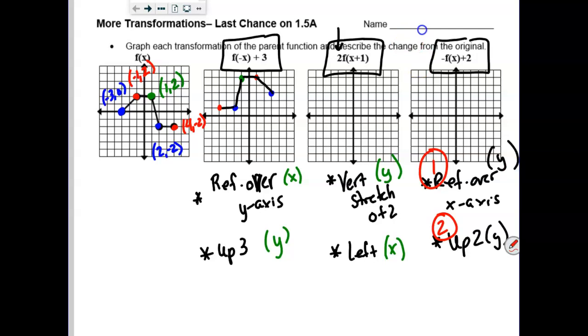If you said, well, I'm going to move everything up 2 and then reflect it, you're taking your function, moving everything up 2 first, and then if you come back and say, now I'm going to reflect it, look what happens to your math. What's going to change? Everything. This plus 2 all of a sudden becomes a minus 2, which is totally different from what you were interpreting it as. So this is not right, and I agree with your order, Adam. Thank you.